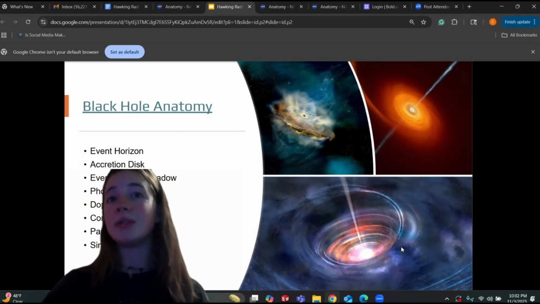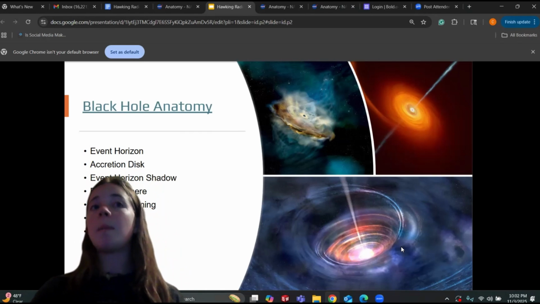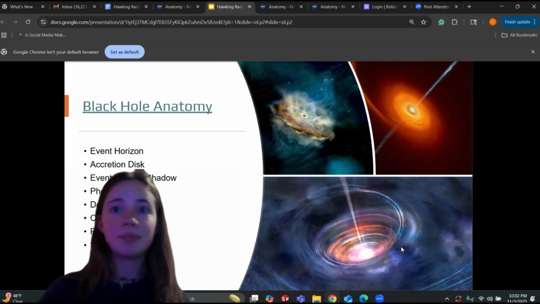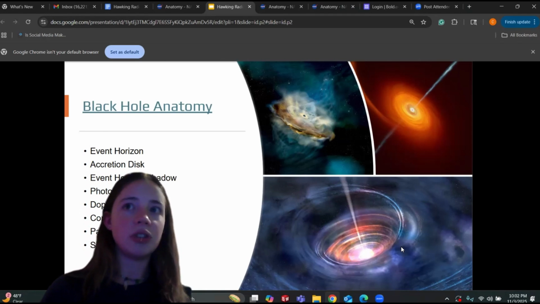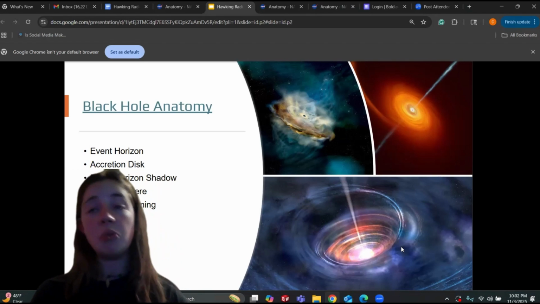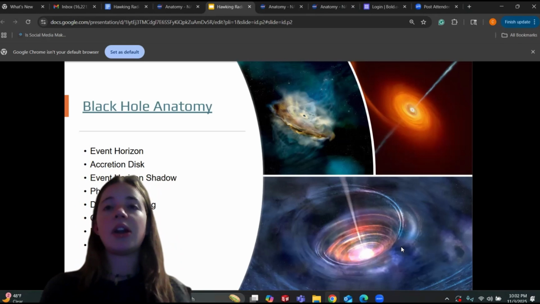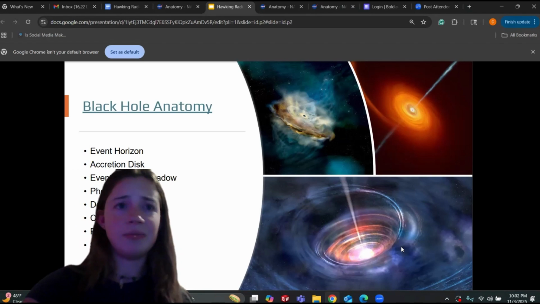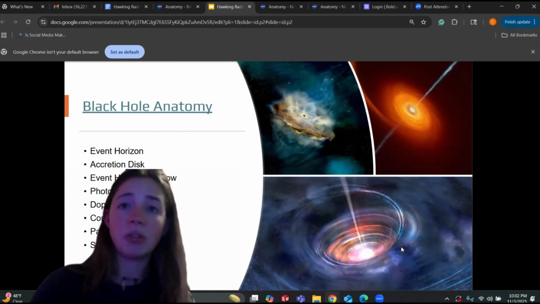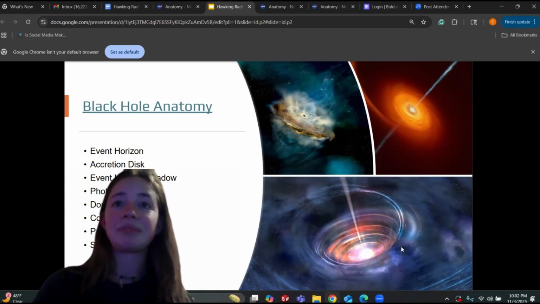They do come from all different sizes of black holes, but the supermassive black holes, like the ones in the center of our galaxies, can have jets up to 100,000 light years long, moving close to the speed of light. So they are, again, very aggressive, fast-moving jets of particles. So the name makes sense there.